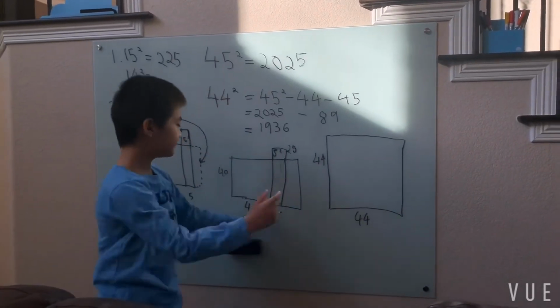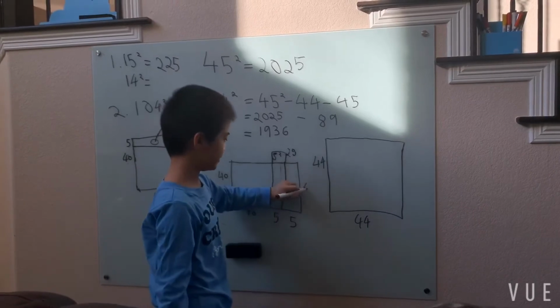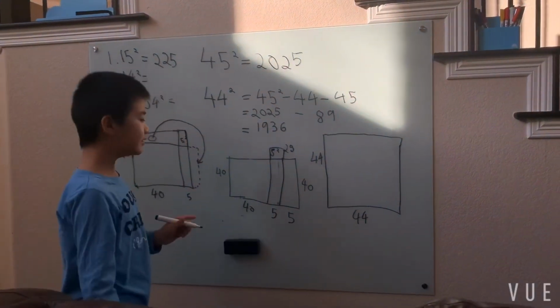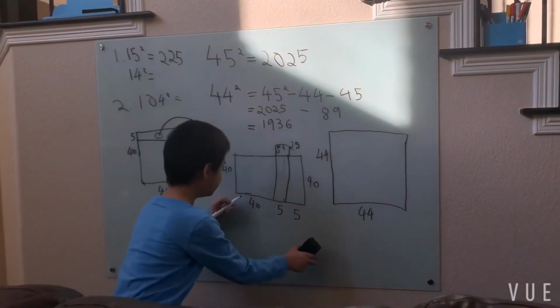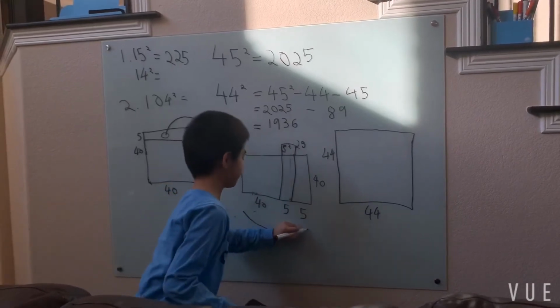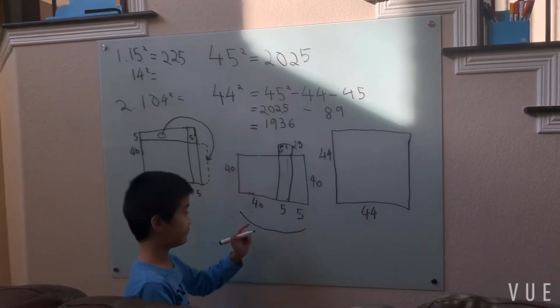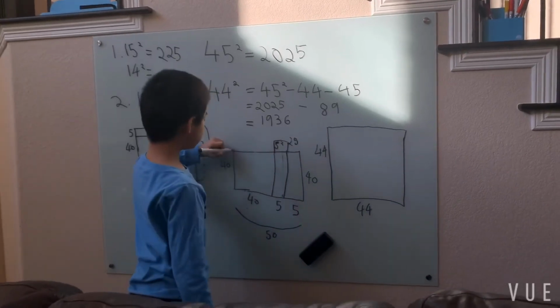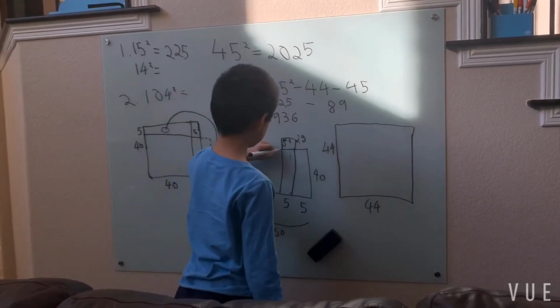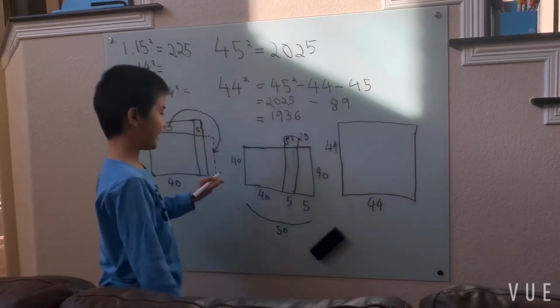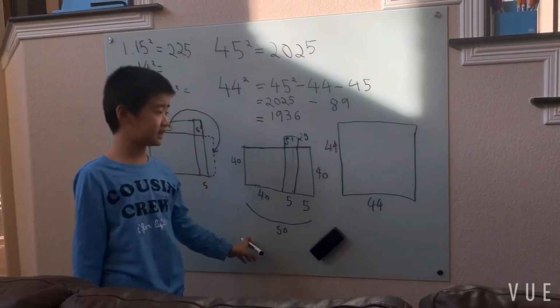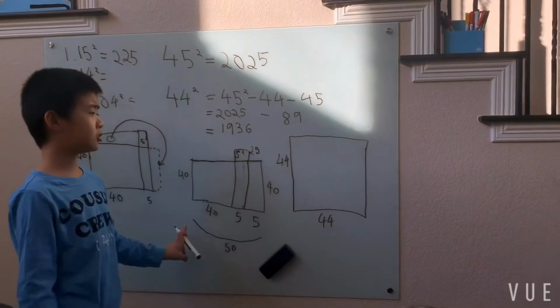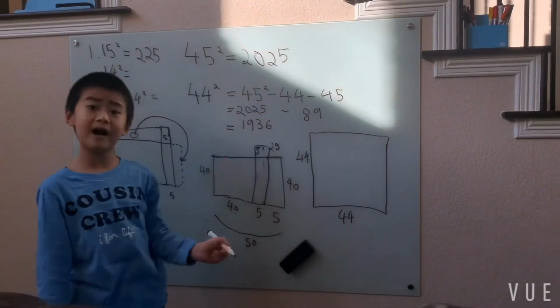So now, this is 5, this is 40. Now look what we have here. This total length is 40 plus 5 plus 5, we get 50. So to separate this off, I would have a 40 by 50 rectangle plus a little extra 25 area.